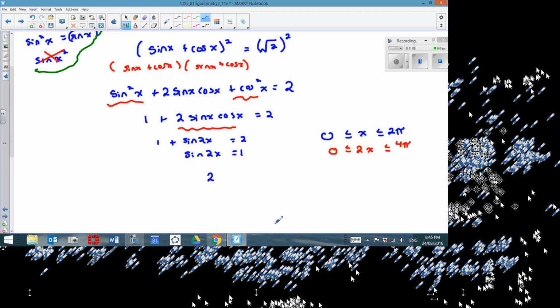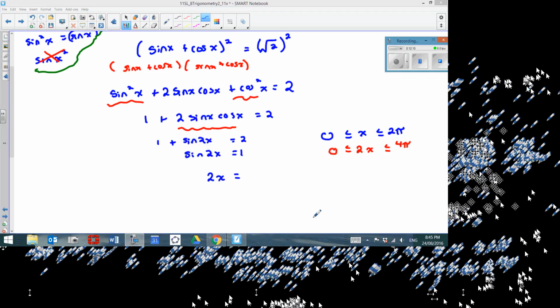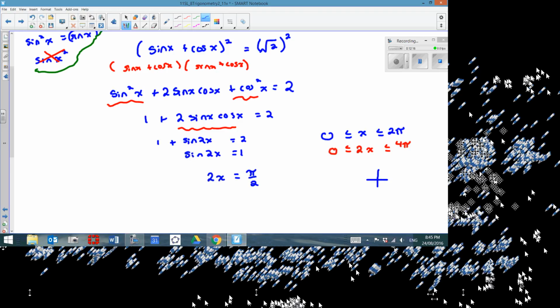Inverse sine, okay, at 1. So sine is 1 at pi over 2. And then as I'm going all the way out to 4 pi, so I've got pi over 2, I have 2 pi units later.